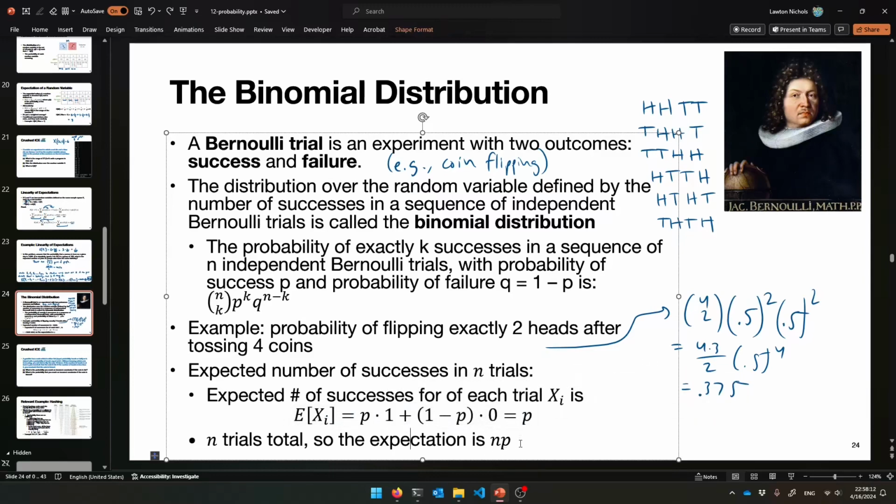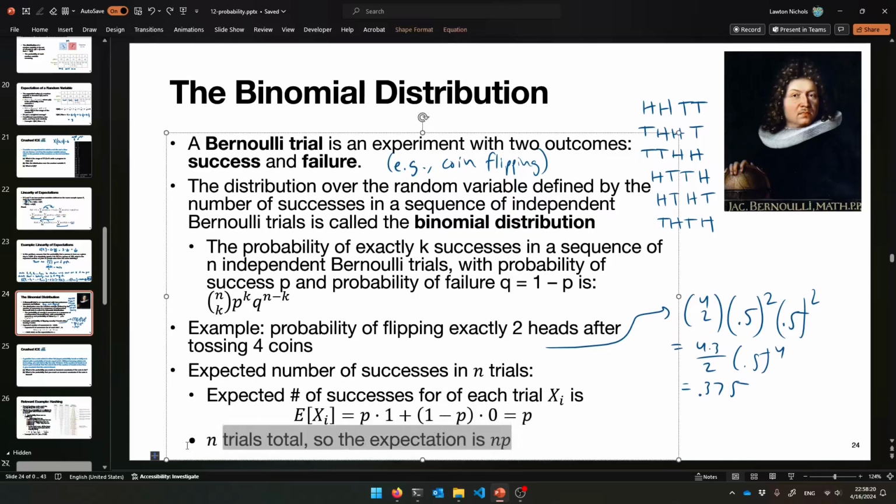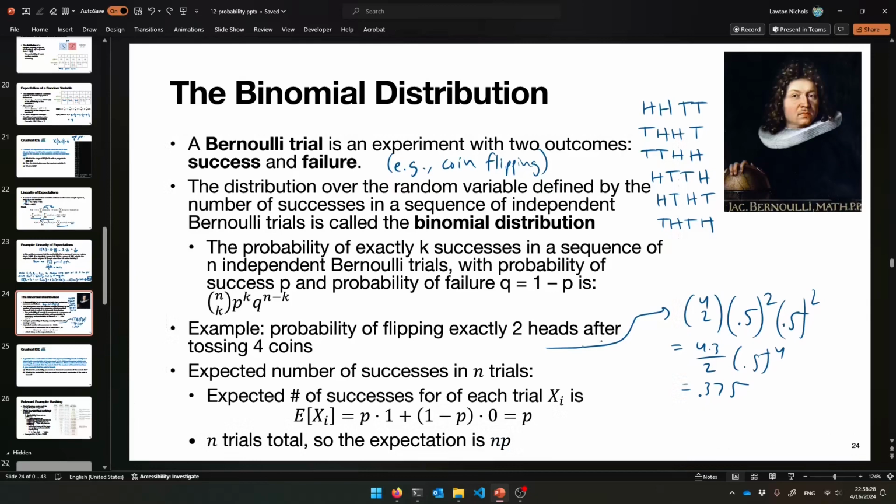So when you have n trials total, like you're flipping a coin n times, the expected number of successes is n times p, which kind of makes sense. Let's say we're flipping coins.